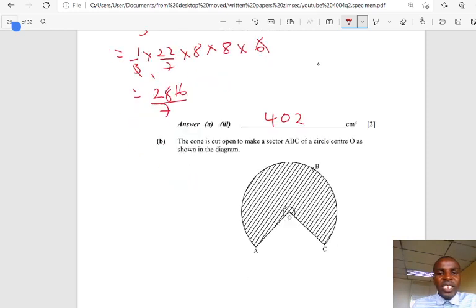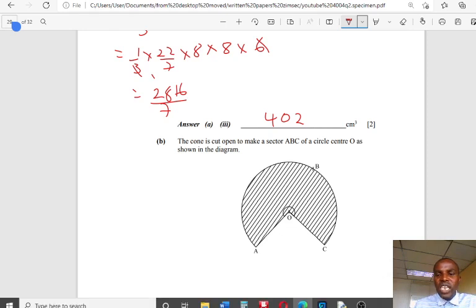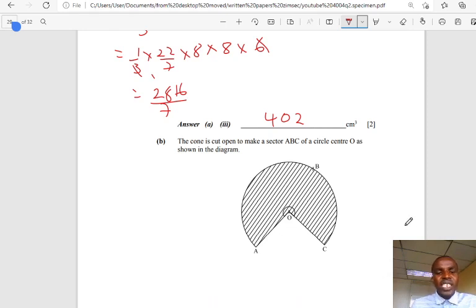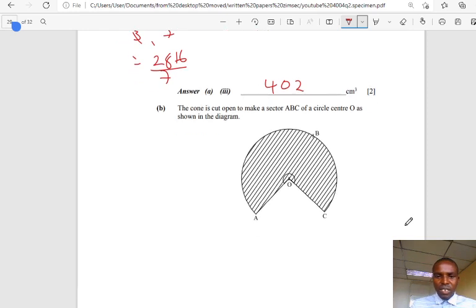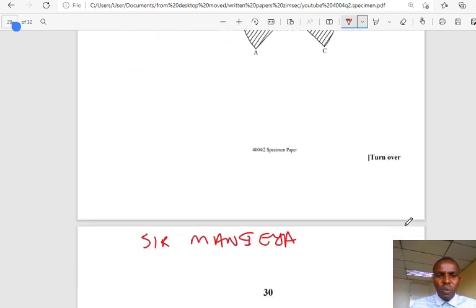Next, the cone is cut open to make a sector ABC of a circle center O, as shown in the diagram. So the cone is cut open. If the cone is cut, it means this sector. Then let me go to the question.